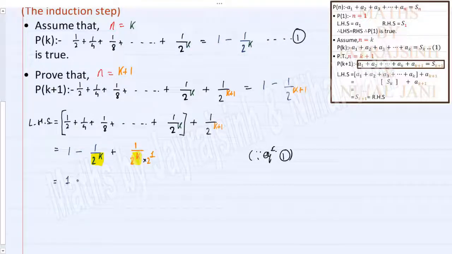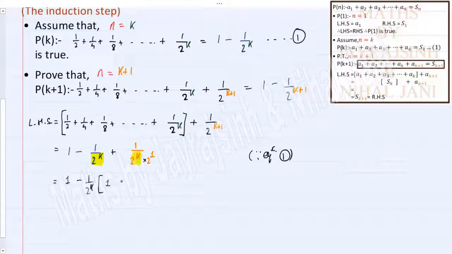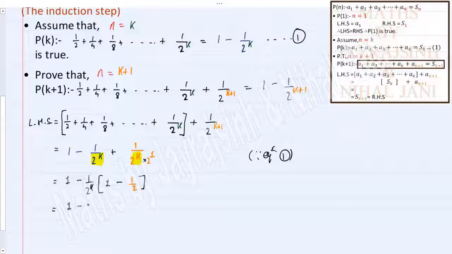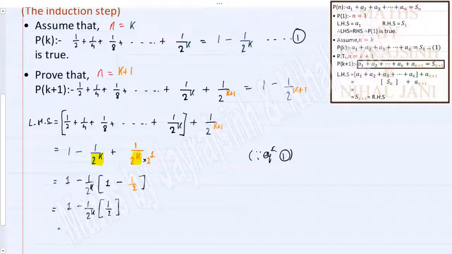So let's take minus 1 upon 2 raised to k common. In first term, 1 will be remaining, minus in second term, 1 by 2 will remain. So 1 minus 1 upon 2 raised to k will be as it is. 1 minus half will be half. So here we'll get 1 minus 1 upon 2 raised to k plus 1, which is your required right hand side.